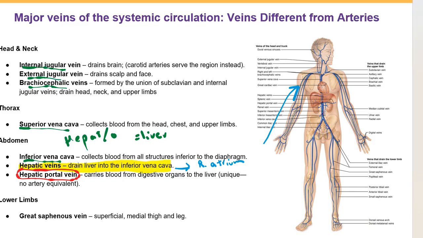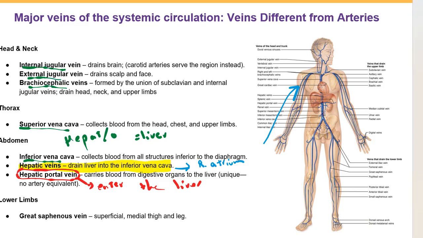This blood is actually entering the liver, like the hepatic artery, but it's carrying the blood from digestive organs to the liver. It means that it's going to bring nutrients which have been absorbed by our digestive organs to the liver. Instead of just bringing them to the heart directly, they're going to send them to the liver, and then hepatic vein is going to drain the deoxygenated blood from the liver into the heart.